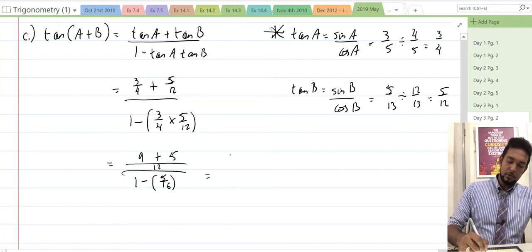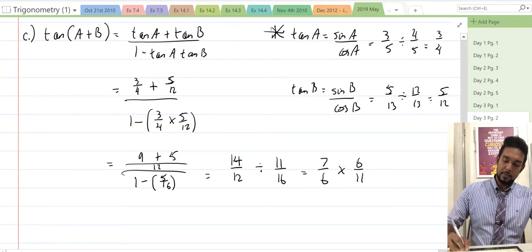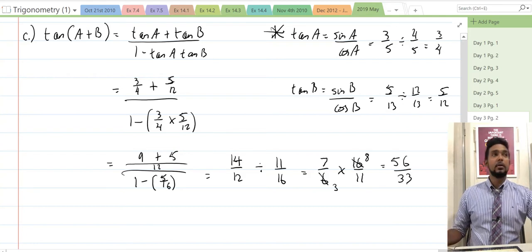So in the numerator we have 14 over 12 and the denominator will be 11 over 16. That's going to give us 7 over 6 multiplied by 16 over 11. 2 can cancel with the 6 and the 16. So we get 56 over 33.